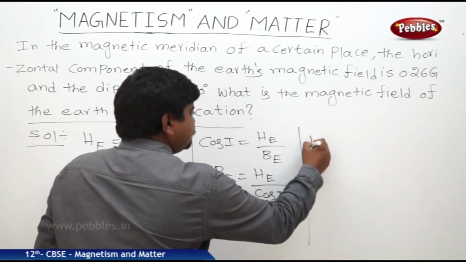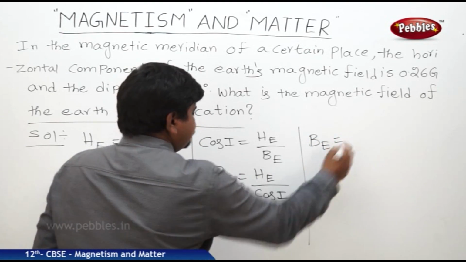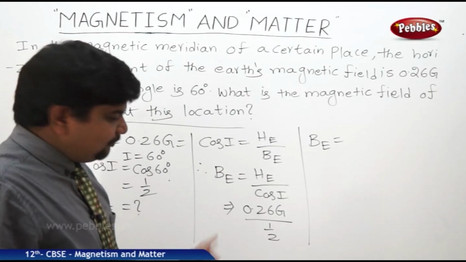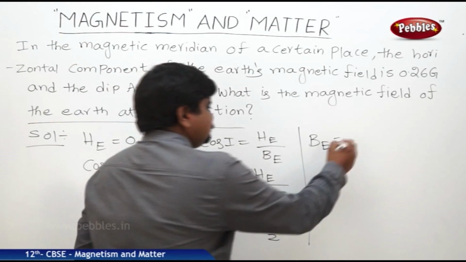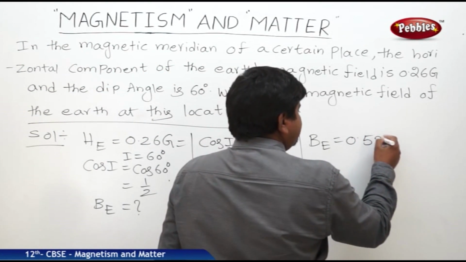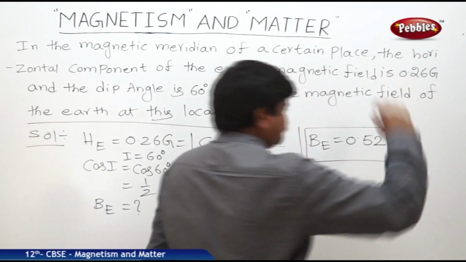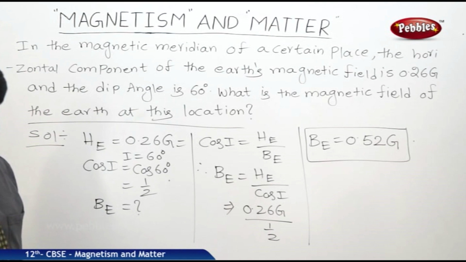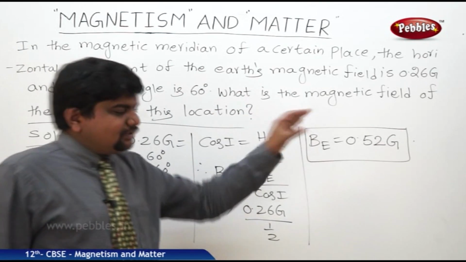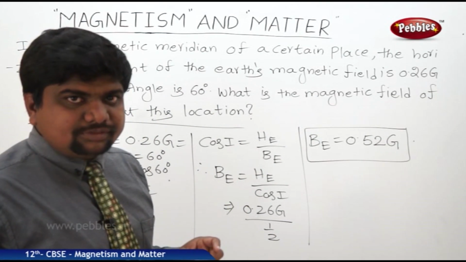Therefore BE is equal to 0.26 by half. This 2 will go up, so 0.52 Gauss. This point is very, very important. Like this we can find out the BE values.